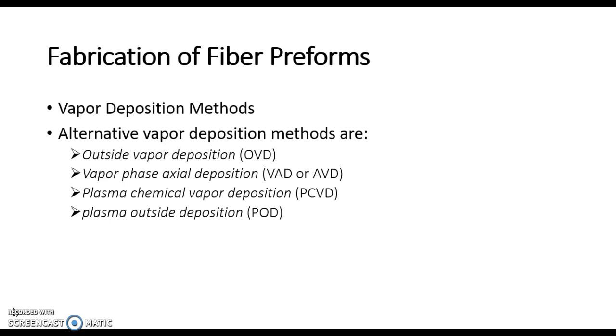Second is vapor phase axial deposition (VAD or AVD). It is similar to OVD but uses a modified geometry where the deposition occurs at the end of the target rod. The rod is continuously pulled away from the burner and very long preforms can be made.